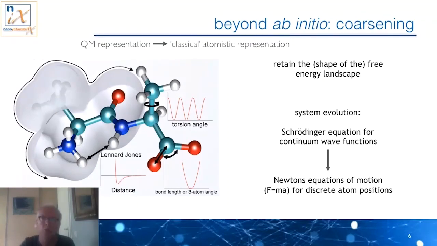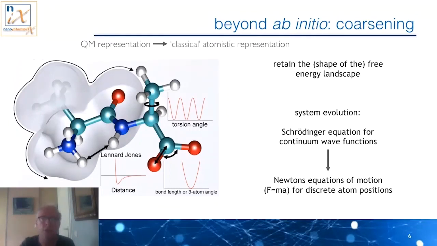In quantum calculation, you evolve by the Schrödinger equation, from continuum wave equations. And if you have a classical representation in terms of an atomistic force field, you just develop the system in terms of Newton's equation of motion, which gives you the force as m, the mass, times acceleration for the discrete atom positions.